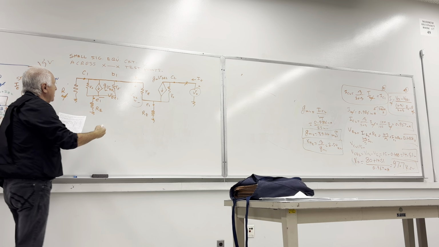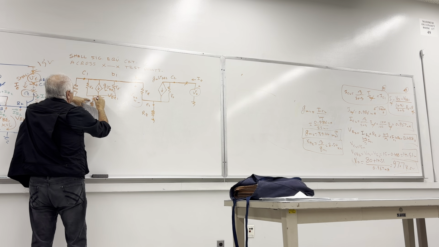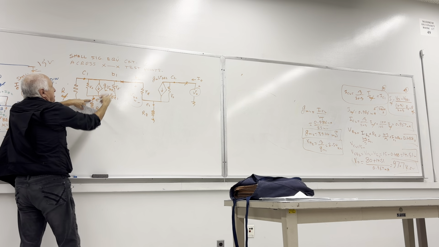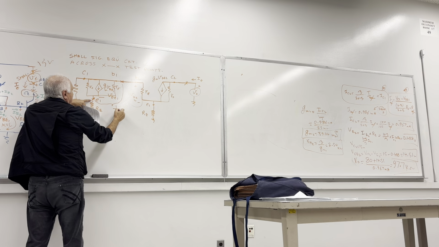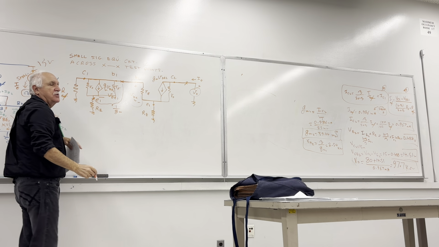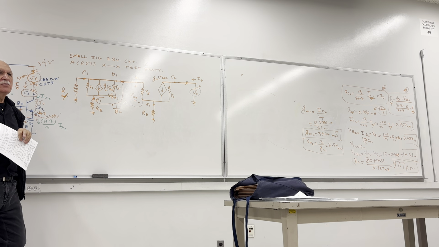Generally, impedance looking in this direction, between these 2 points, it is possible to show that it is 1 upon GM, which is a very, very low impedance. We can show that.